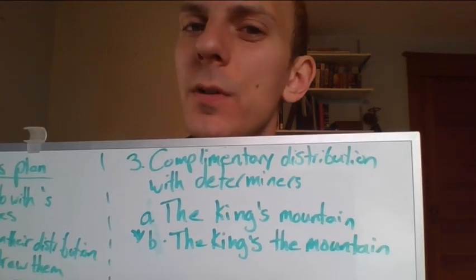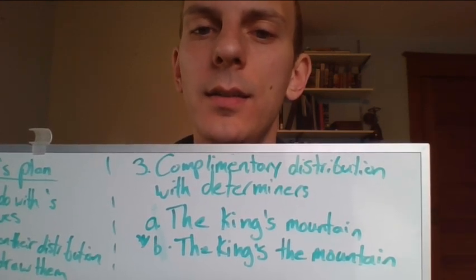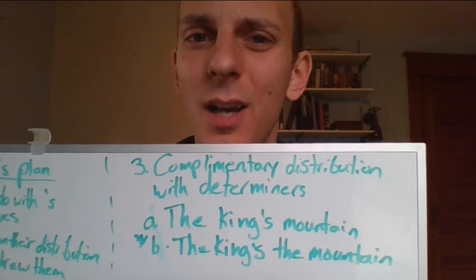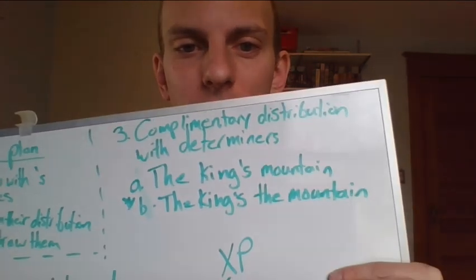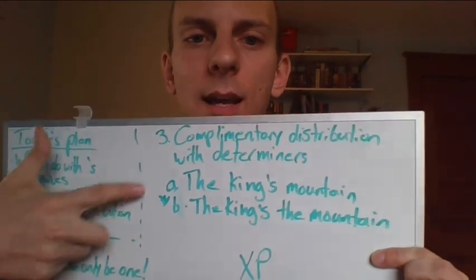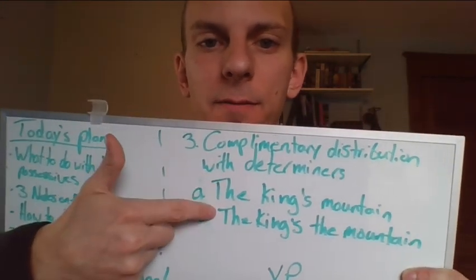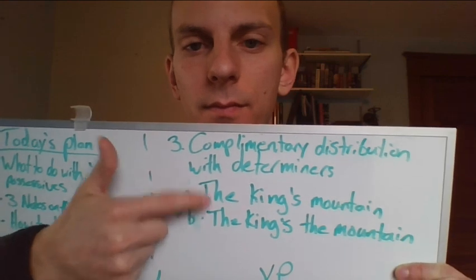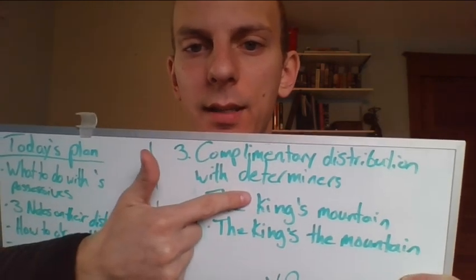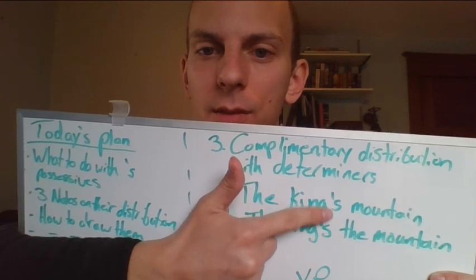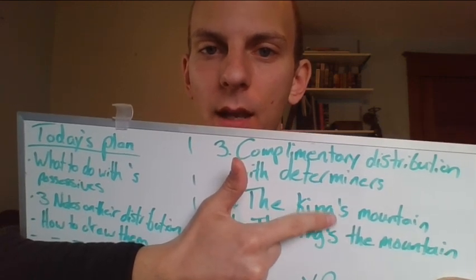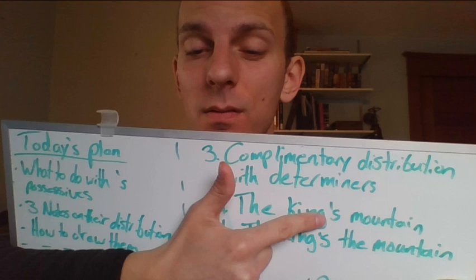And even more specifically than that, what's it the determiner of? It's not taking the place of this first the, the one that comes before king. It's part of this relationship, the phrase which will contain mountain.